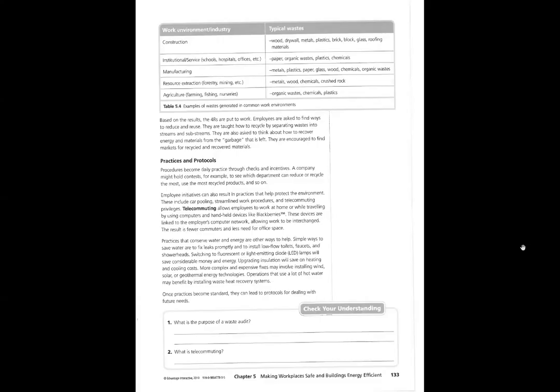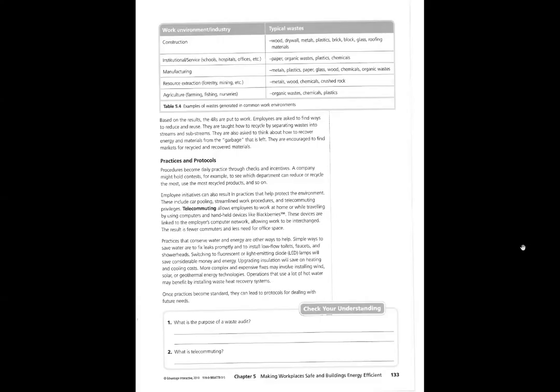Those are things we want to make sure are being properly put into the right place. We don't want to just have all of those going into a landfill. Remember, we talked about things that could be recycled, reused. So paper can be recycled. Also, paper can be reused. If we use one side of the paper, we can flip it over and use the blank side, especially if you're looking at photocopier waste.